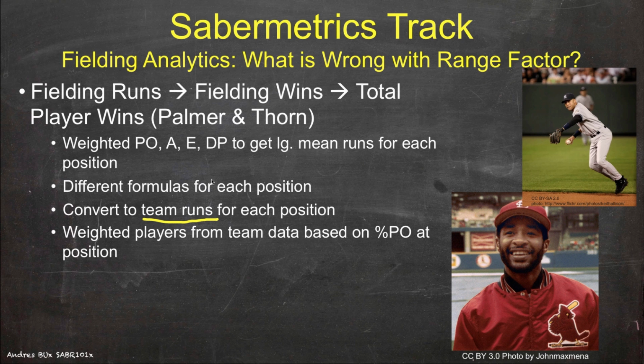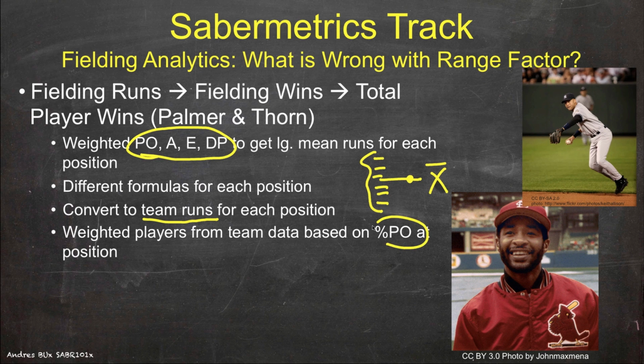So they looked at the team level box score data and used it as a way to say, how is the team relative to the league average? So if the league average is here, each team would get team runs relative to the league average runs, the mean here. So after they got the team level runs, they would give each player runs based on putout percentage.